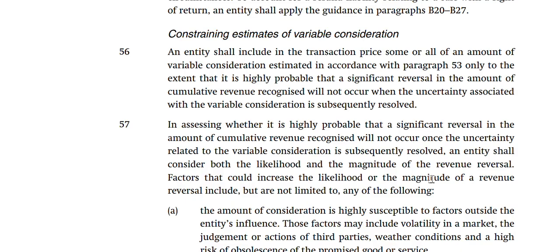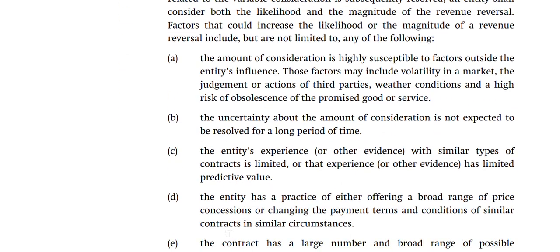Factors that could increase the likelihood or the magnitude of a revenue reversal include, but are not limited to, any of the following. A, the amount of consideration is highly susceptible to factors outside the entity's influence. Those factors may include volatility in the market, the judgment or action of third parties, weather conditions, and a high risk of obsolescence of the promised goods or services. B, the uncertainty about the amount of consideration is not expected to be resolved for a long period of time.